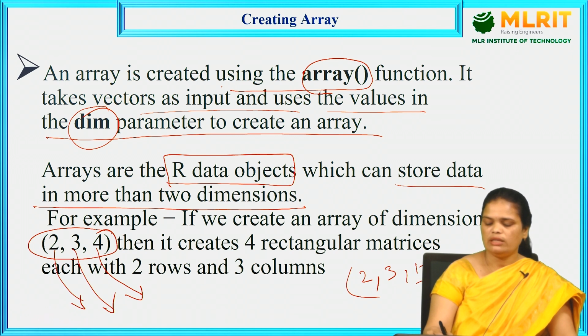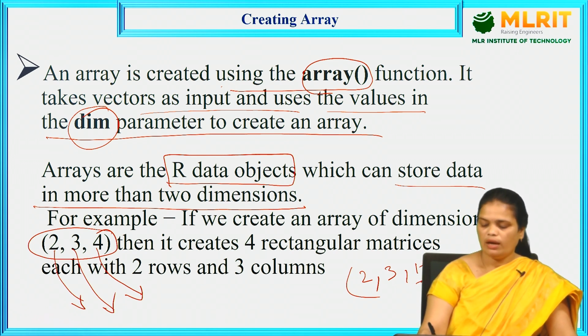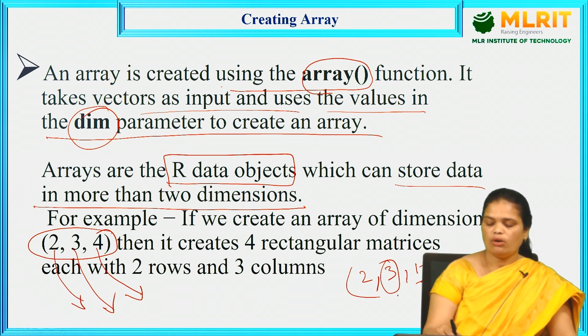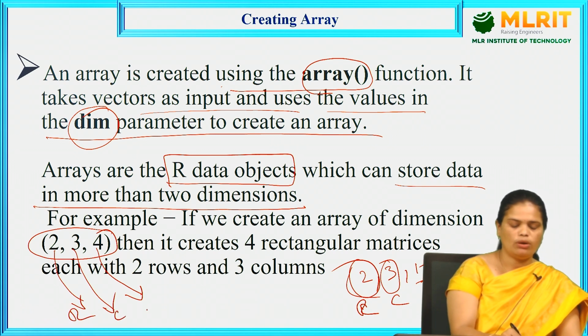The 10 indicates the number of arrays, the 3 indicates the column number, and this indicates the row number. This is row, column, number of arrays.